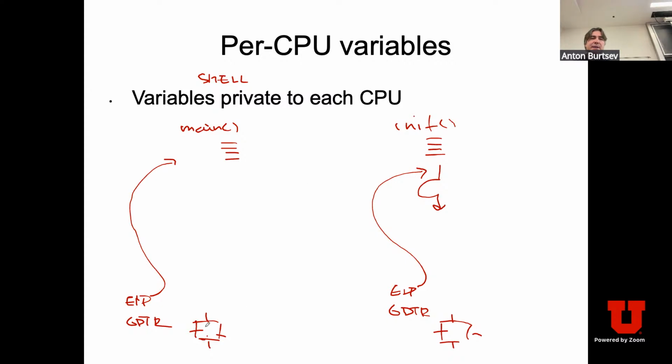And obviously both of those CPUs can have a timer interrupt, because they have the logic of counting time. At some point the timer interrupt gets triggered and delivered through the interrupt descriptor table, IDT.